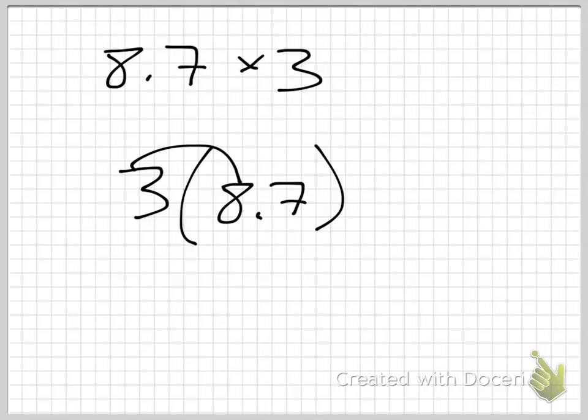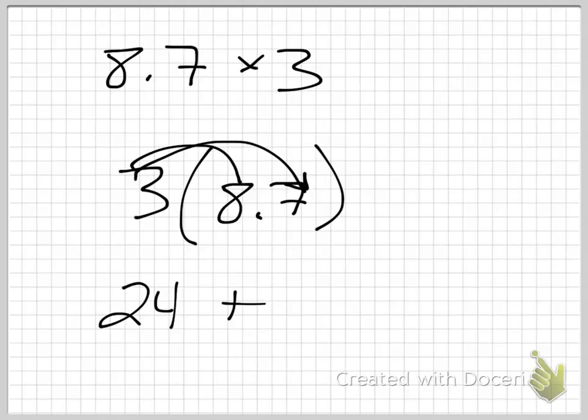3 times 8. Is that an 8 this time, or is that 80? It's 8. Look at it. It's 8.7. That's not 80. What is that 8? It's an 8. So it's 3 times 8, which is 24, plus, what is this now? 3 times 7, is that 21?